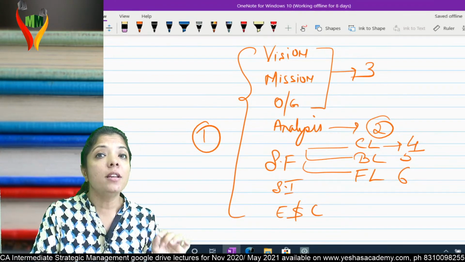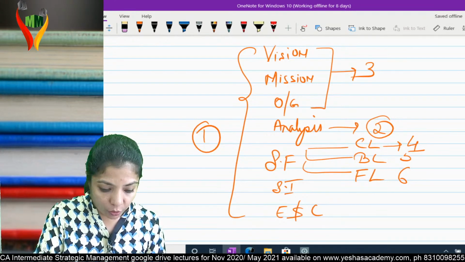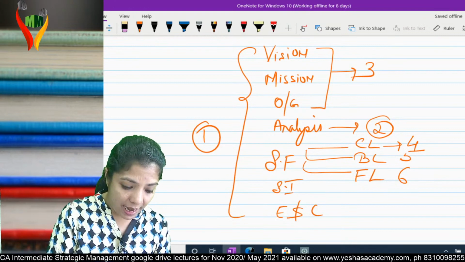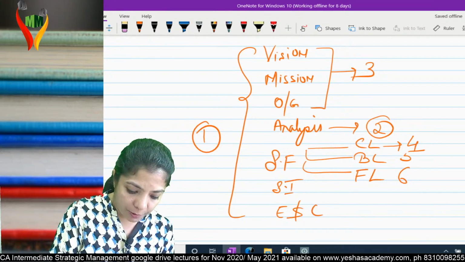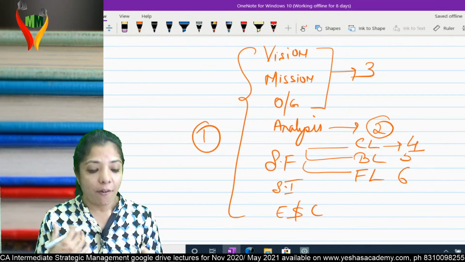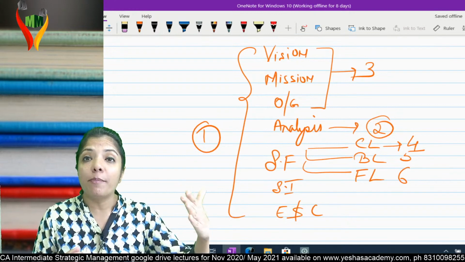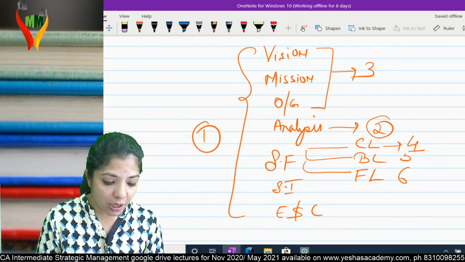Then vision, mission, objectives and goals is taught in chapter 3. After that, we are done with analysis in chapter 2, and on the basis of analysis, now we'll have to formulate strategy in all the 3 levels: corporate level, business level, and functional level.